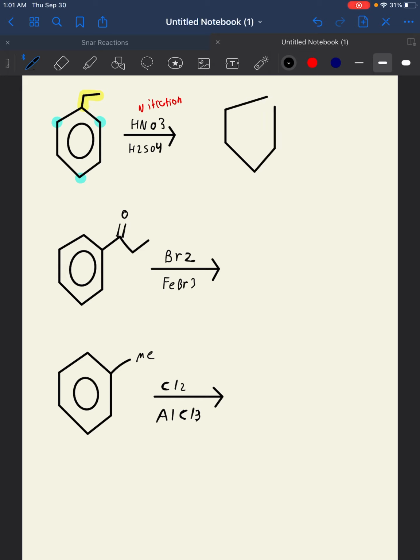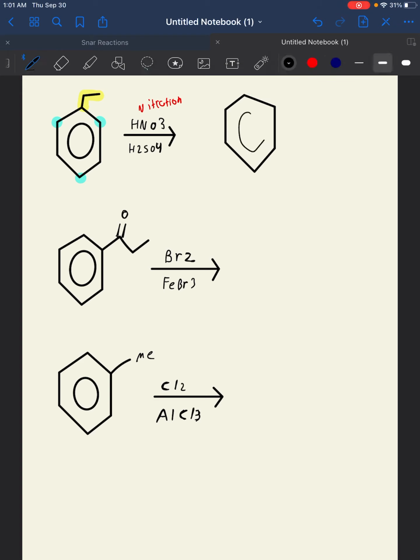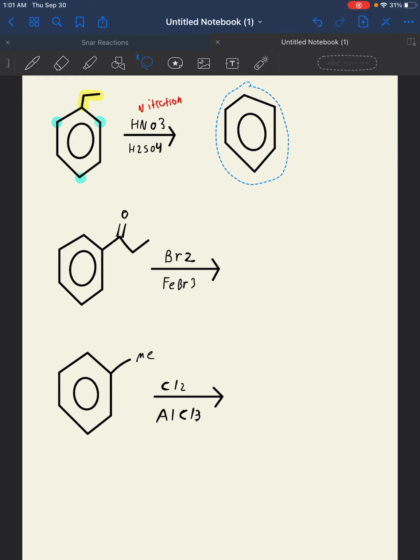One second, I'm going to do something so I don't have to draw all these out. Okay, it's going to add it para, and that would be your final major product. Of course, there'd be some minor product at the ortho position.